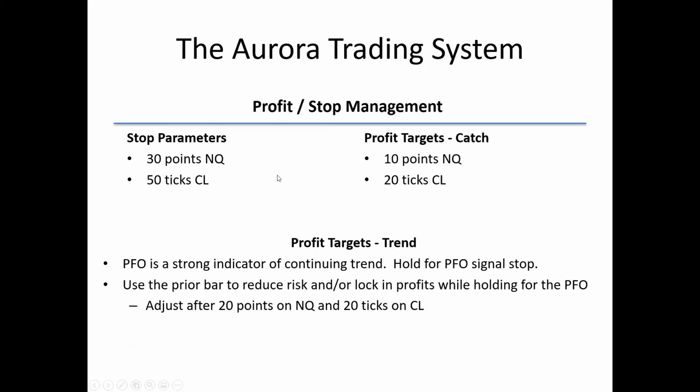Okay, in terms of profit and stop management, these are the guidelines that we are working with. The stop parameters that we are using is 30 points on NQ and 50 ticks on oil.